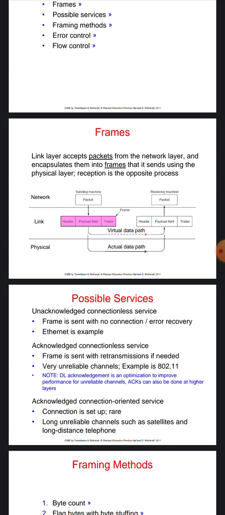While the sending of a message is happening, it is receiving from the network layer and sending to the physical layer. But when reception of the message happens, then it will receive from the physical layer and send to the network layer. So link layer accepts packets from the network layer and encapsulates them into frames that it sends using the physical layer.